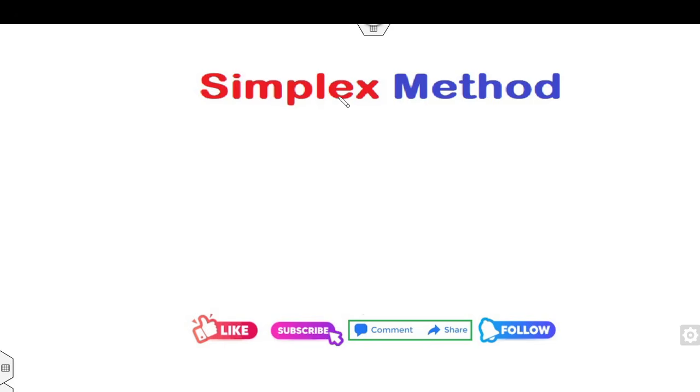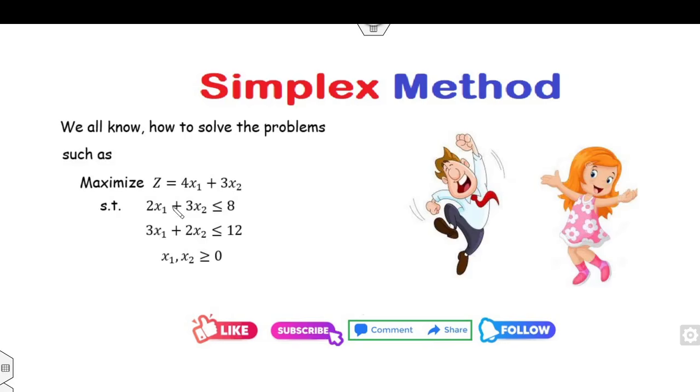Now, whenever we are working on the simplex method, that means our target is to solve the linear programming problem. And we all know that whenever you have two variables like x1 and x2, you can easily solve this problem with the help of the graphical method. And I'm very sure your reaction will look like this when you solve the problem with the graphical method.